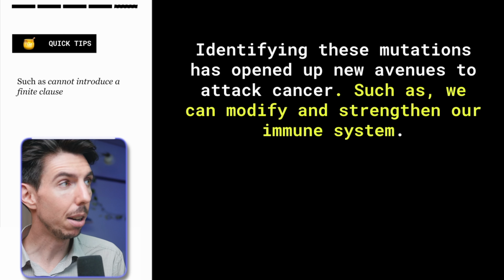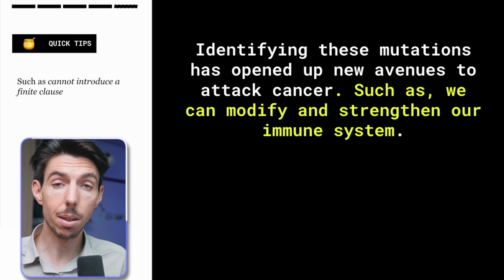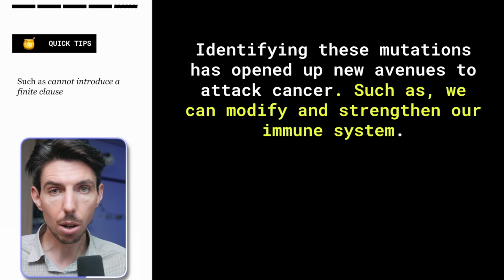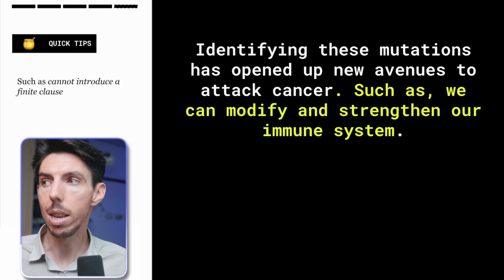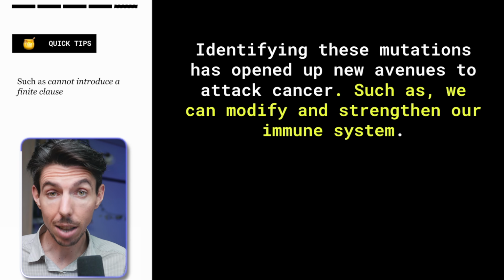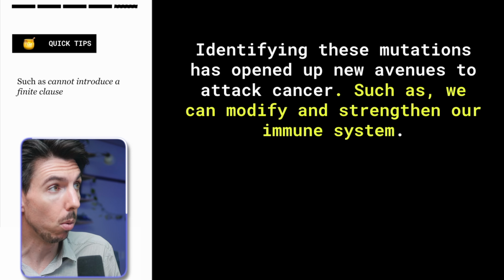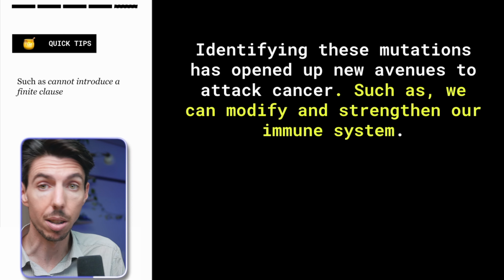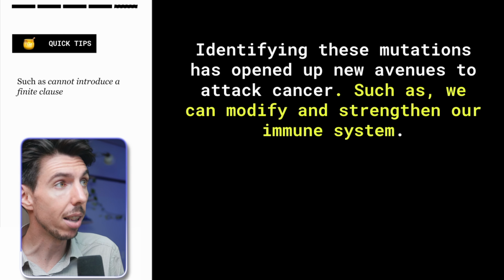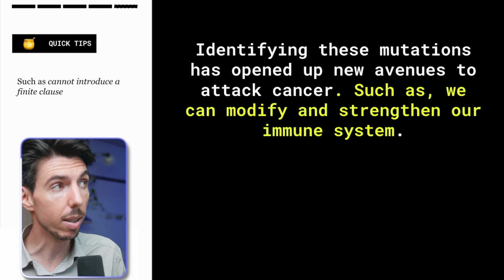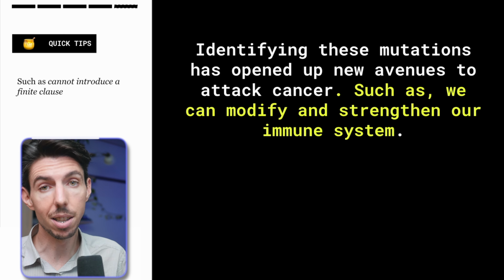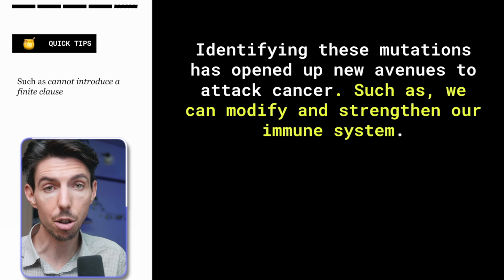Here's the same mistake in a different way. Again, this writer is mistaking the prepositional phrase "such as" for the adverbial phrases "for example" and "for instance." You can say, "For example, we can modify and strengthen our immune system," but you cannot say "such as we can modify and strengthen our immune system," because "such as" is a prepositional phrase which must attach to a noun.